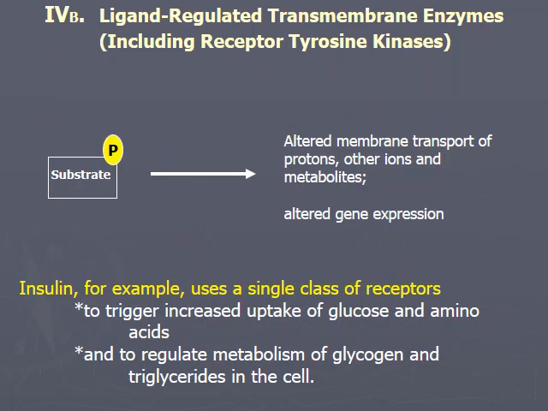So insulin, for example, is going to cause increased uptake of glucose and amino acids. It's going to cause formation of the glucose storage form called glycogen. It's going to cause formation of triglycerides in the cell. So one way to think about insulin is as an anabolic hormone. It causes building. Catabolic, catastrophe, breaking down things.